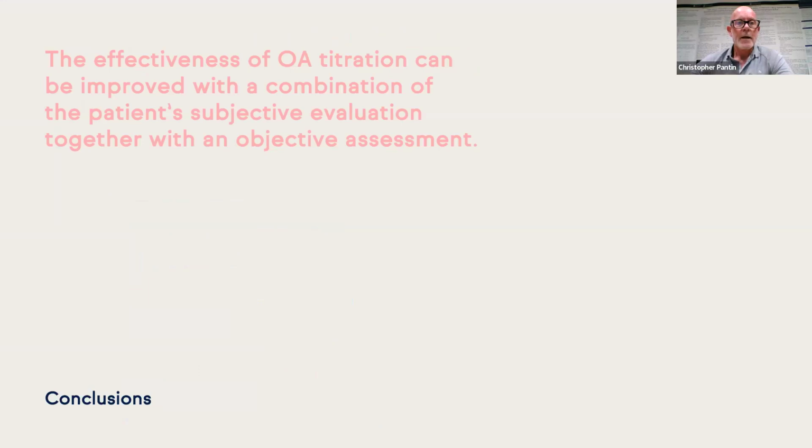Okay, so the effectiveness of oral appliance titration can be improved with a combination of patient subjective evaluation together with objective assessment, and I think we've seen that. And of course, we're now getting to the more exciting area of hypoxic burden, which now is looking to be maybe a more reliable measure of undesirable health outcomes in terms of cardiovascular disease.